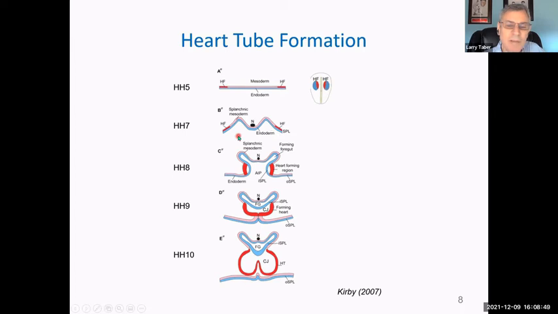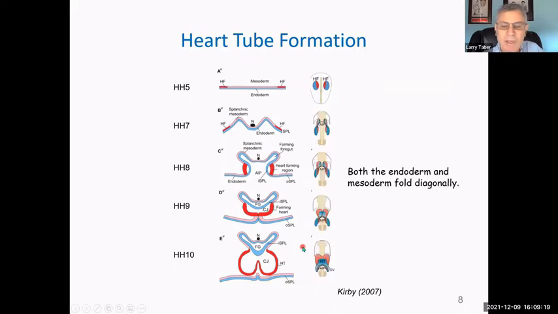For a long time, it was commonly thought that both sides fold directly toward the midline, where they fuse, with the mesoderm in red expanding to create the heart tube, and the endoderm at the same time in blue forming the primitive foregut. And notice how the heart comes in contact with the remaining splanchnopleure that's left outside the heart.